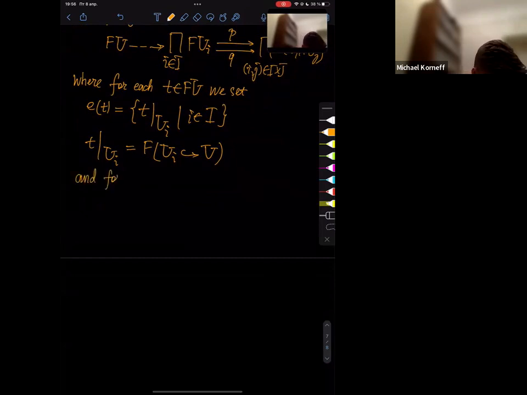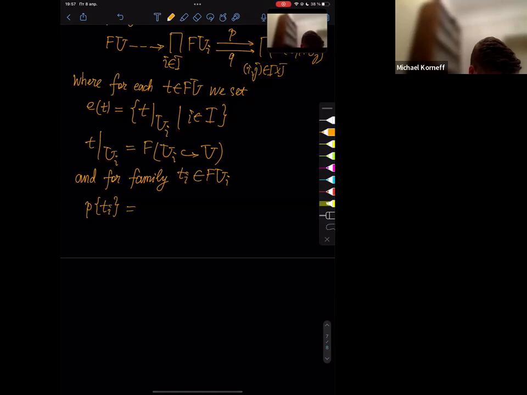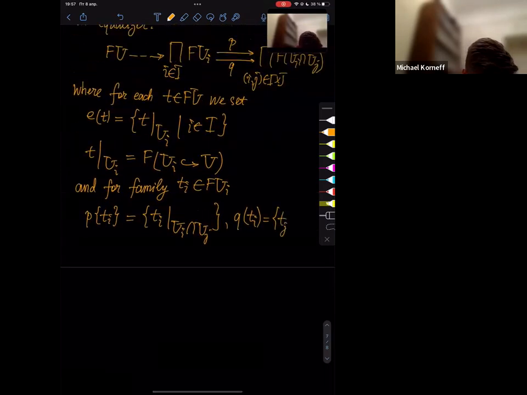for a family ti from F(UI), we set P of this family of maps is the set of restricted maps on intersections, and Q over ti is a restriction over tj to intersections.